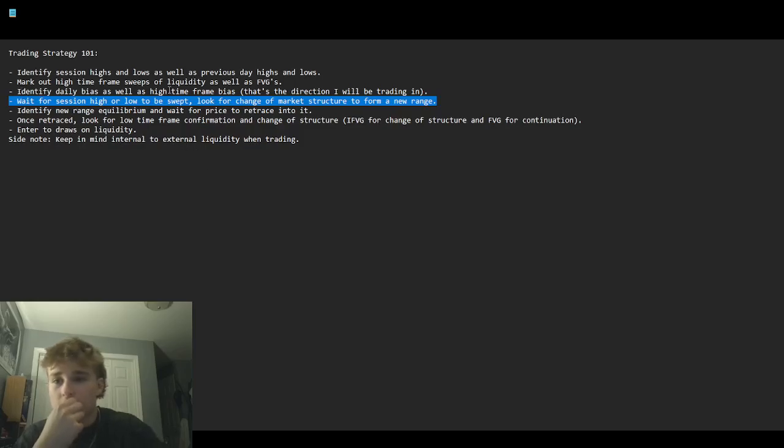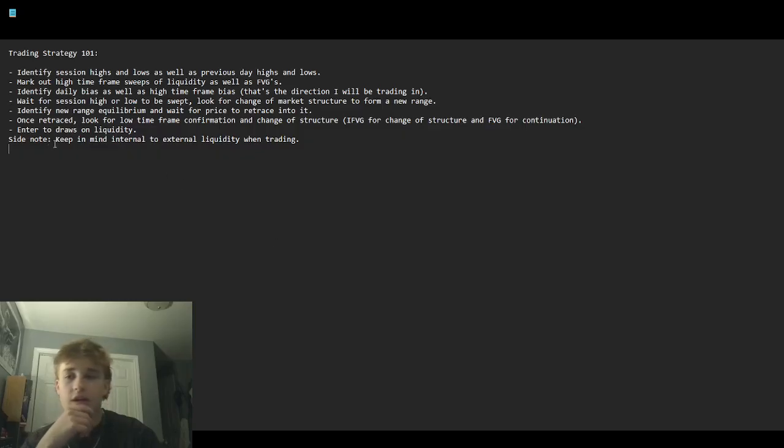Next, we look for session highs or lows to be swept, same with the high time frame, and then we look for a change of market structure to form a new range. So basically, when the market opens, say 9:30 or whenever I decide to trade, we'll be looking for a sweep of liquidity from the session high or low, or previous session highs or lows. From there, we wait for price to make a new range.